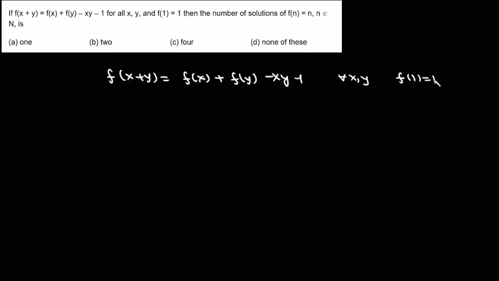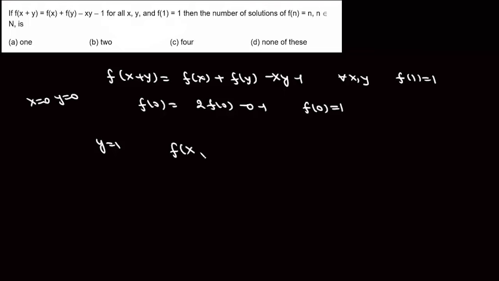Now what we'll do is find f(0), and for that we'll write x as 0 and y as 0. So it'll be f(0) = 2 times f(0) - 0 - 1, so the value of f(0) is also 1. Now we'll put y as 1.